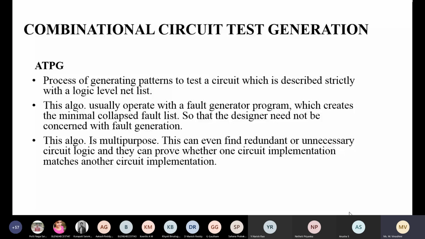There are two types of automatic test pattern generators: those used for combinational circuits and those used for sequential circuits. We are now going to discuss the ones used for combinational circuits.